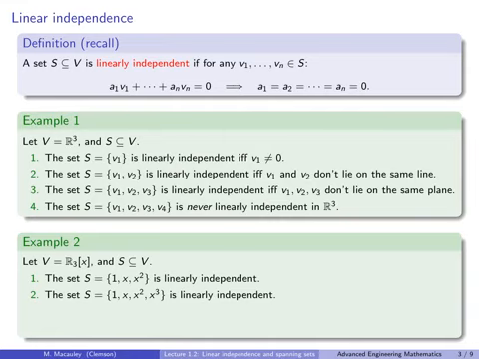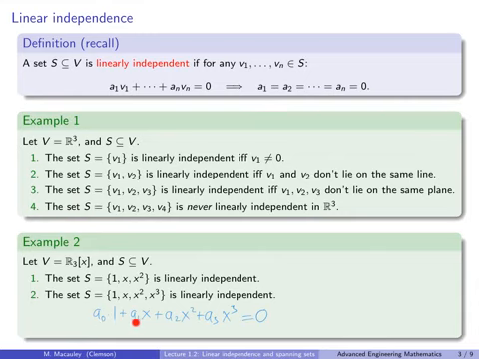Next, the set S containing 1, x, x squared, and x cubed is linearly independent for the same reason. Namely, if you try to take a linear combination of these 4 elements, let's try it, a0 times 1 plus a1 times x plus a2 times x squared plus a3 times x cubed, and try to write the 0 polynomial using those, there's only one way to do it.